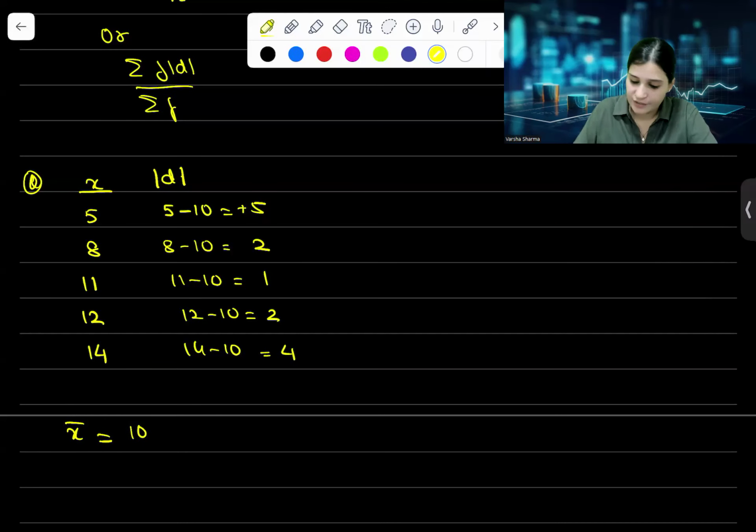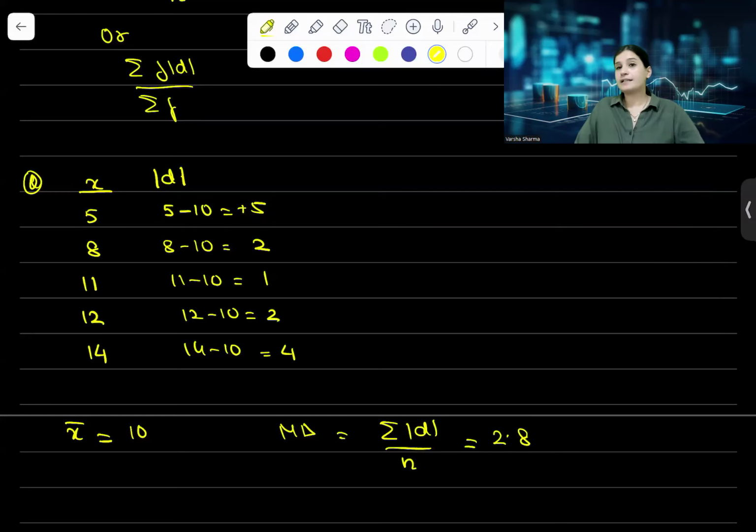Now find the mean of this. That is known as mean deviation. Sum of the deviations by number of observations. So how much do we get? 2.8. We could have directly done that in the calculator also. Did you all understand? Yes, ma'am.